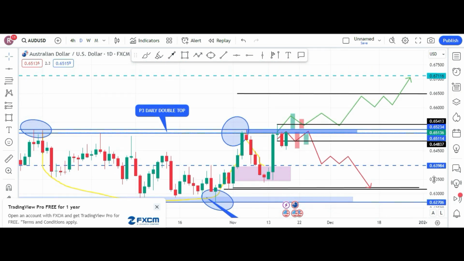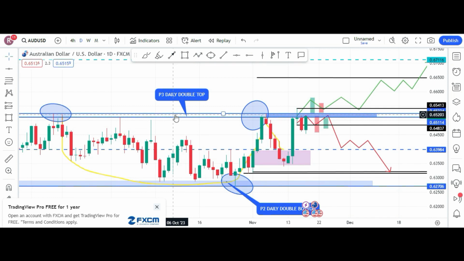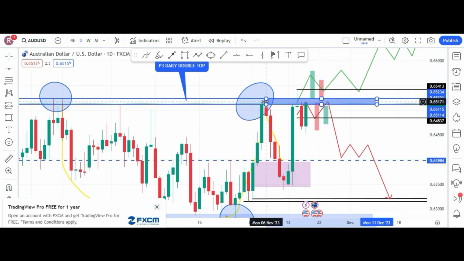It's plain and simple that this is the cup which has been formed, and this was the handle. I was confused here why it went so deep on retracement. Anyhow, now if we consider this cup, can we increase this a little on the left so we don't get confused?